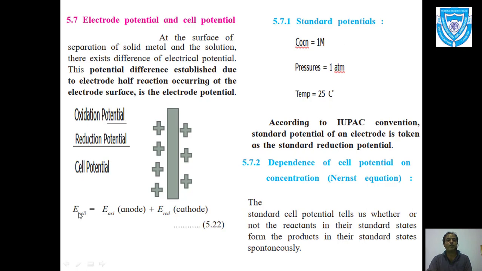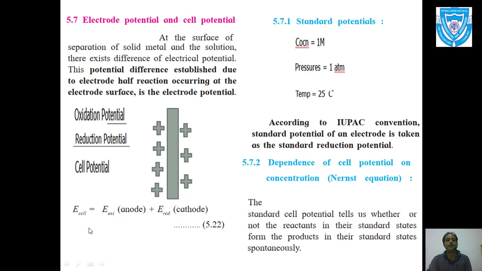As shown in the formula, cell potential is equal to E of oxidation, that means oxidation potential, plus E of reduction, that is the reduction potential of the cathode electrode. When they combine, they form a cell potential.